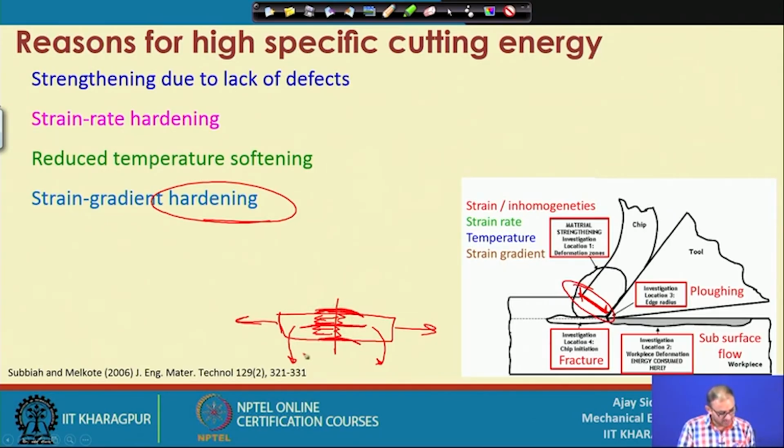So, this is bending and this is the tension, correct. In tension you will not get that much strain gradient, because it is uniform strain throughout the material, but when you bend it, it is variable. The same thing happens here, at one location you are getting a very high strain, and at another location you are getting a low strain within the same specific zone. So, that is also one of the reasons for high specific cutting energy.